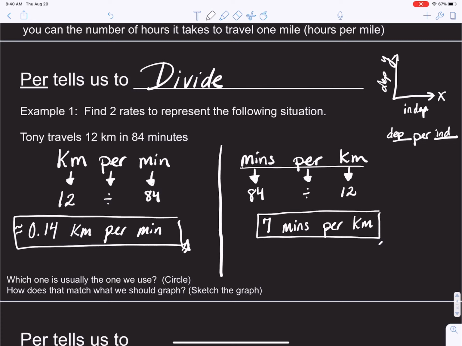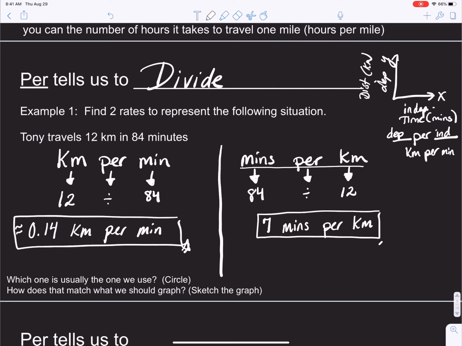If our dependent was distance measured in kilometers and our independent was time measured in minutes, then in this case, dependent per independent would be kilometers per minute.